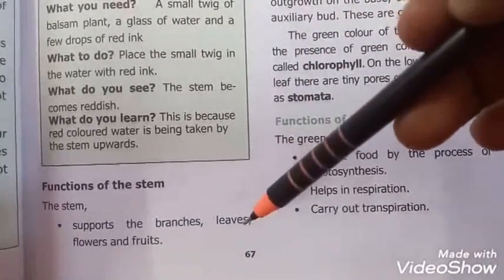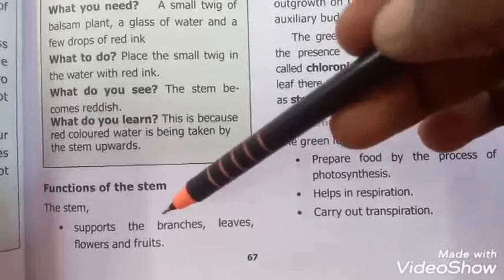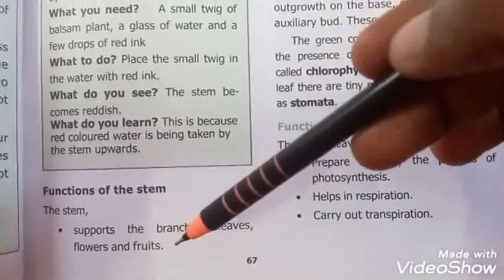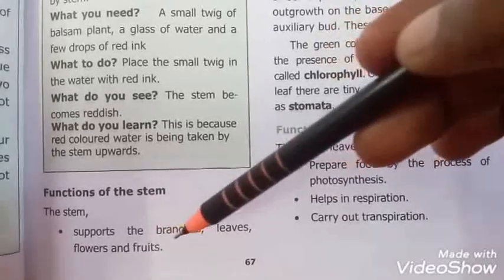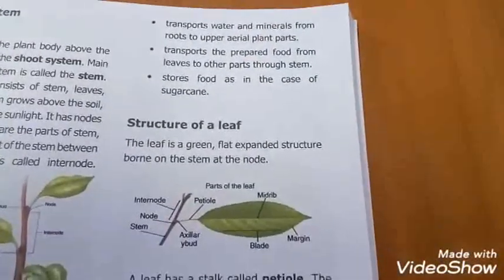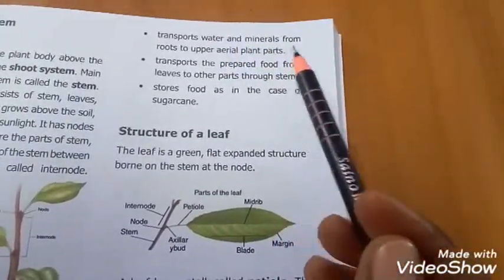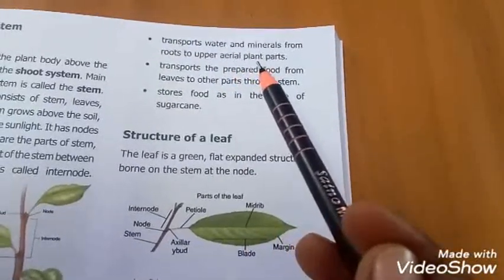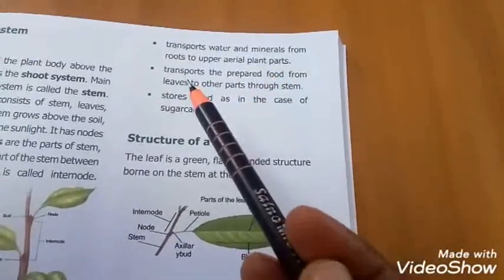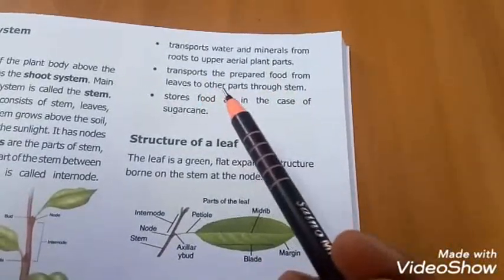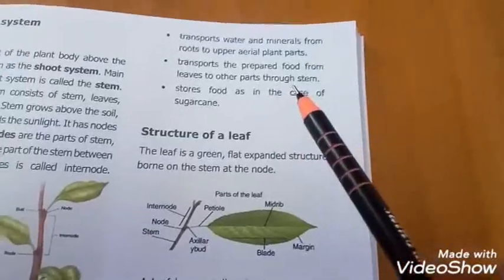These are the functions of stem. The stem supports the branches, leaves, flowers and fruits. The main function is to support the plant and transport water and minerals from roots to the upper aerial plant parts, and transport the prepared food from leaves to other parts through the stem.